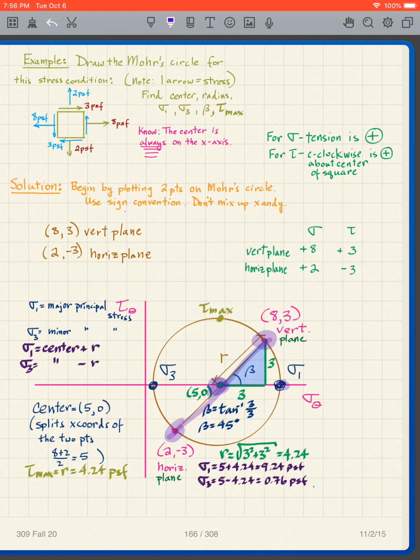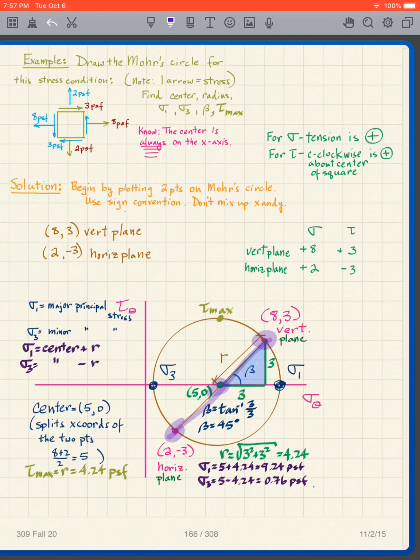Well, it's the center plus this distance, which is the radius. So sigma 1 is the center plus the radius. Sigma 3 is the center minus the radius, because on your number line you're going the other way. So like I say, sigma 1 is the major principal stress, sigma 3 is the minor principal stress.